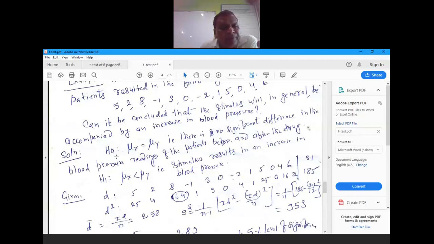By keeping in mind the definition of the null hypothesis, you have to frame H0. So under H0 you may write mu x is equal to mu y. That is, there is no significant difference in the blood pressure reading of the patients before and after the drug.